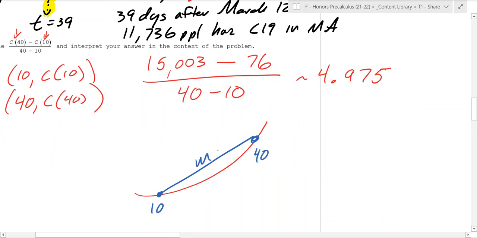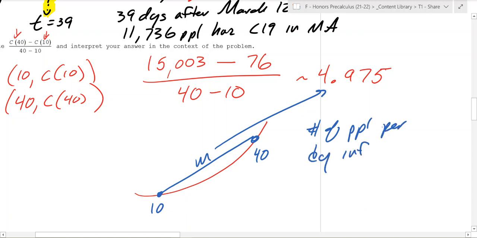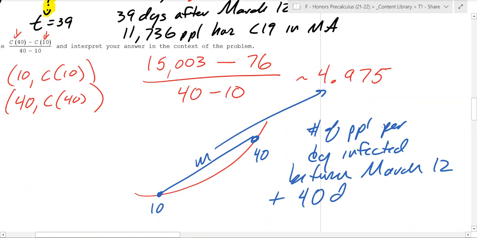The slope of this line was calculated to be 4.975, which is going to be the number of people per day infected between March 12th and 40 days from March 12th.